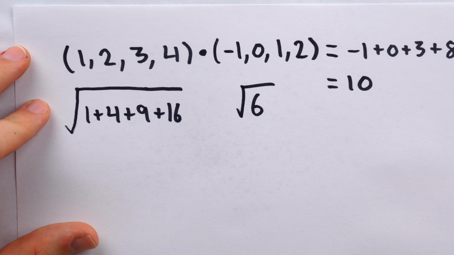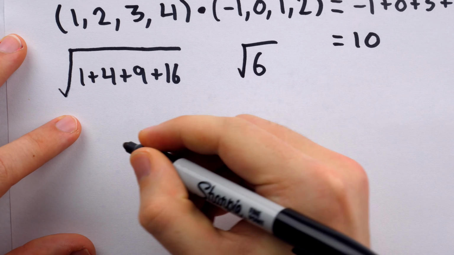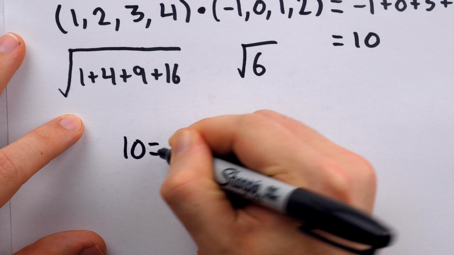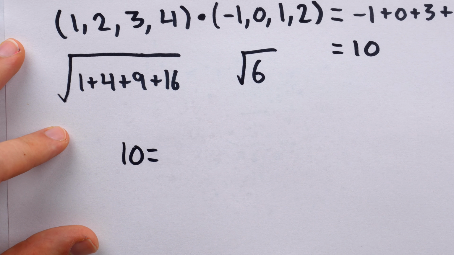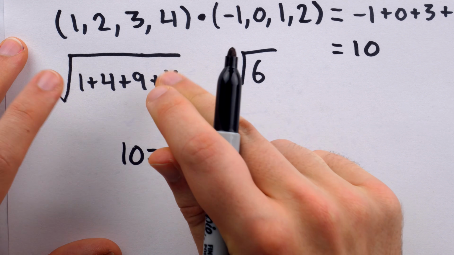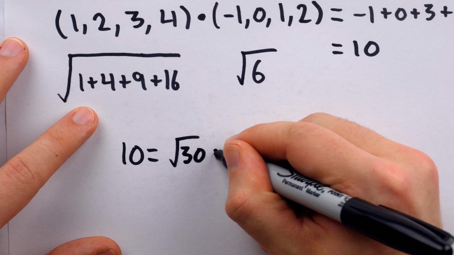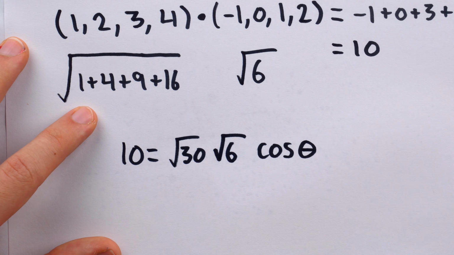And then, again, understanding that the dot product has two equivalent definitions, we have that 10 should be equal to the product of the magnitudes of these two vectors with the cosine of the angle between them. The product of the magnitudes is the square root of 30 times the square root of 6, and then of course we have to multiply by cosine of the angle between them.